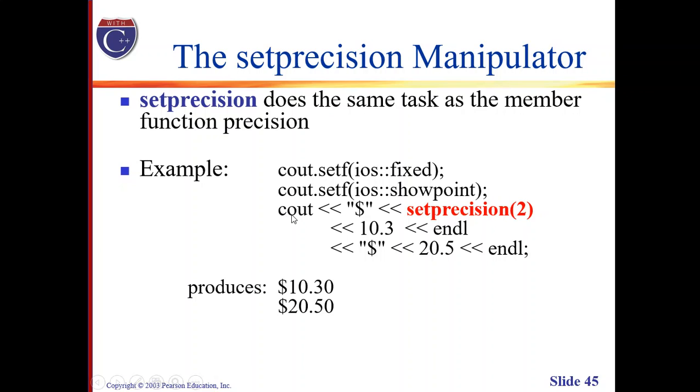However, in this part, as you can see here, instead of calling the function precision, we simply used the setprecision manipulator and indicated the number of digits for our numeric precision. Hence, if we run this piece of code, this will be the output. As you can see here, an extra 0 was added since we set our precision to 2.